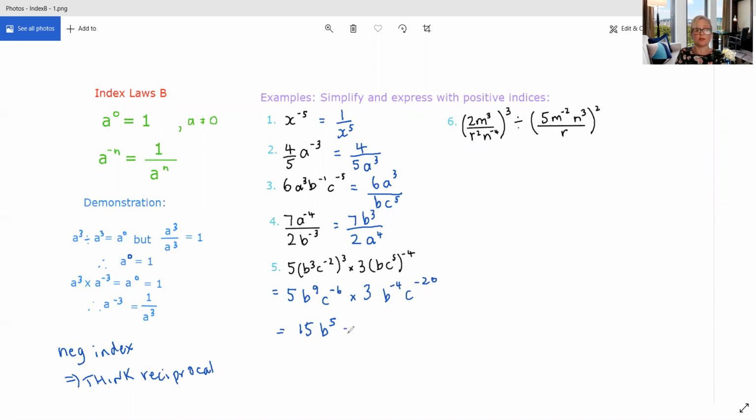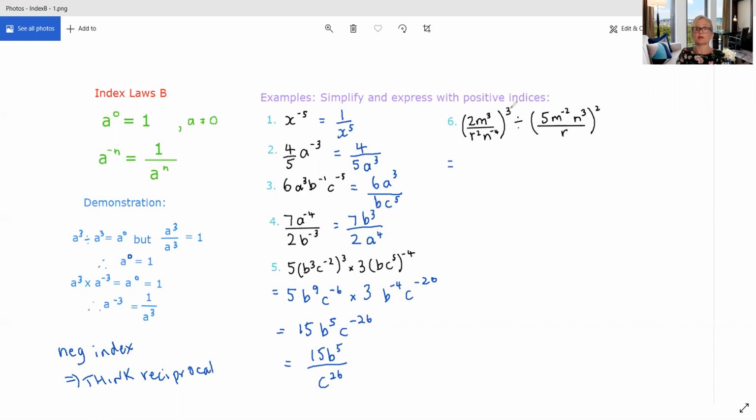If we add those indices, we get negative 26. So our final step now, we don't like giving our answers with negative indices. So we'll leave our 15b to the 5th in the numerator, and we'll put c to the 26th in our denominator.